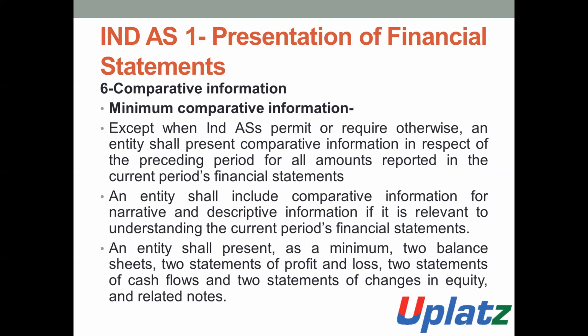That is, when an IND AS permits or requires otherwise, the entity shall present comparative information in respect of the preceding period for all the amounts reported in the current year's financial statements.